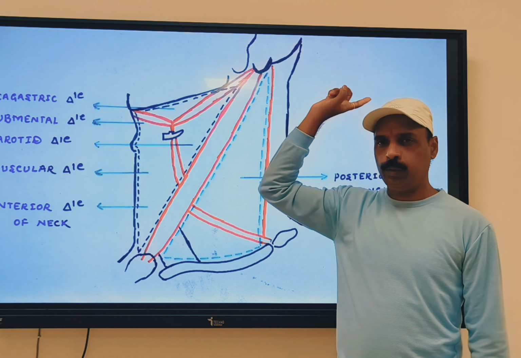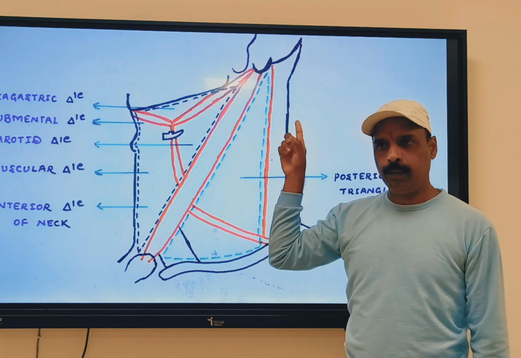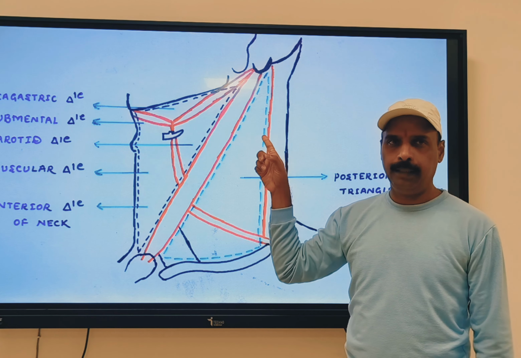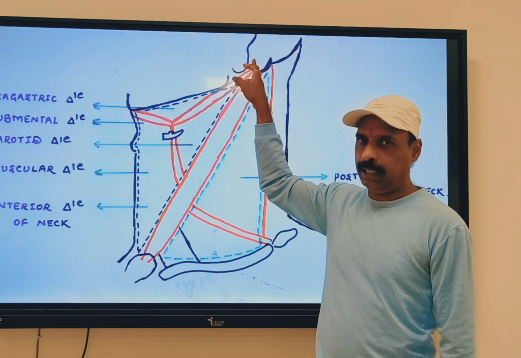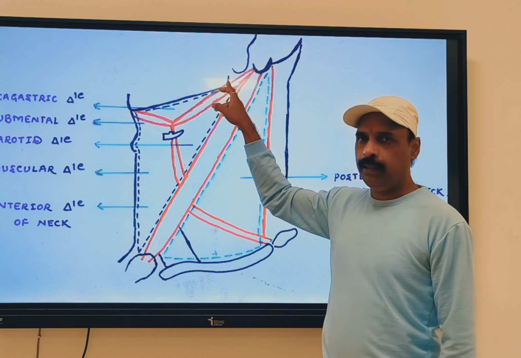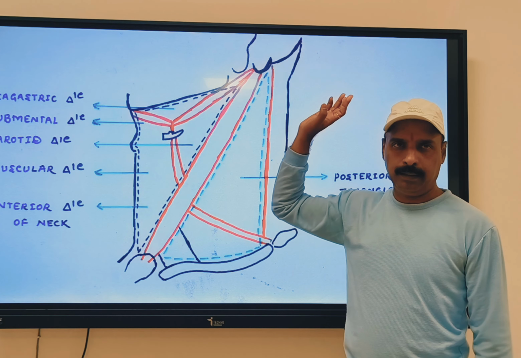The superior nuchal line goes to the posterior triangle. In a quadrilateral you can include the superior boundary, but in the anterior triangle you have to explain it only up to the mastoid process superiorly.